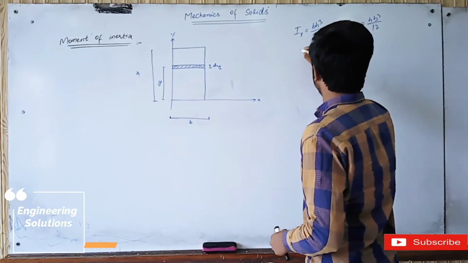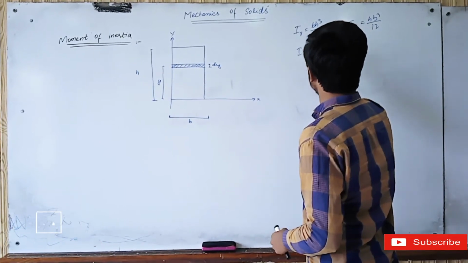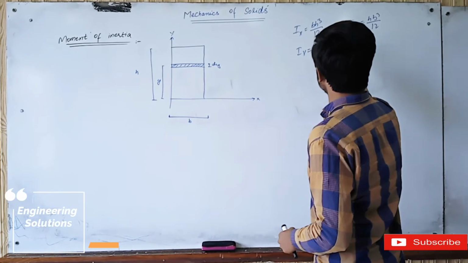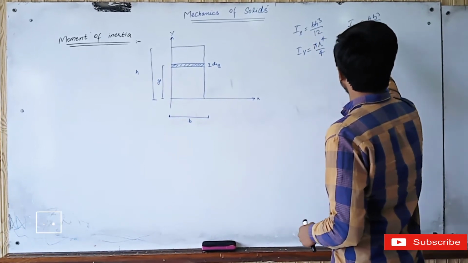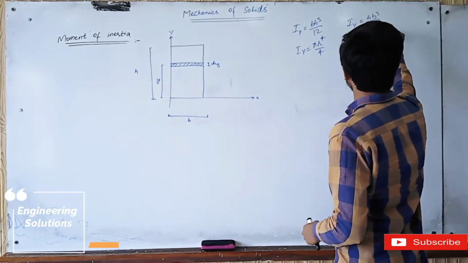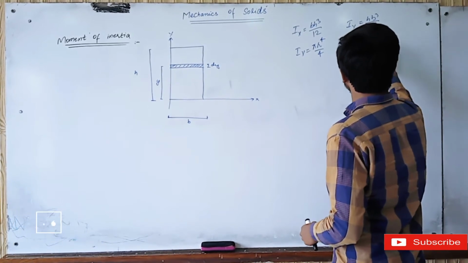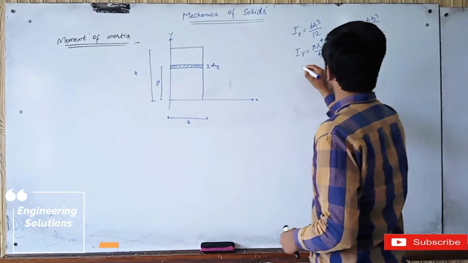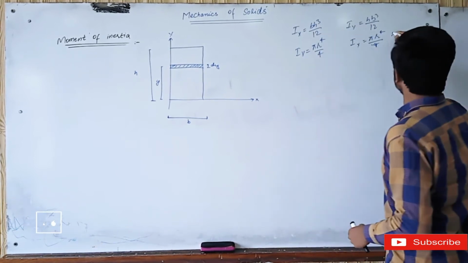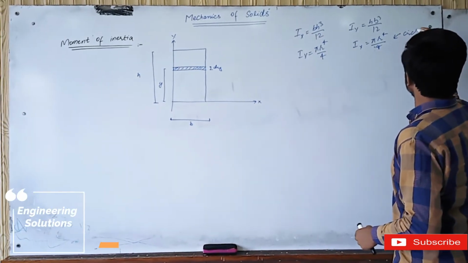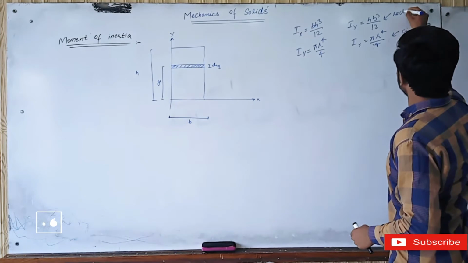Similarly, for a circle, Ix is equal to pi r raised to 4 divided by 4, and Iy is equal to pi r raised to 4 divided by 4.